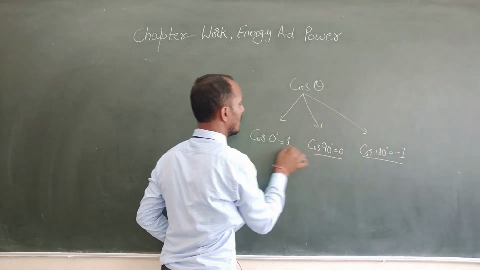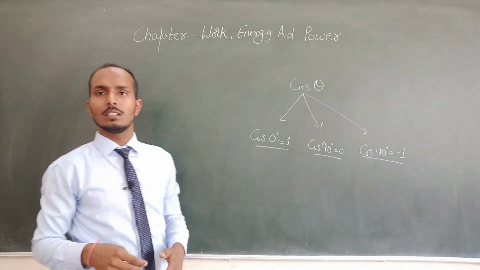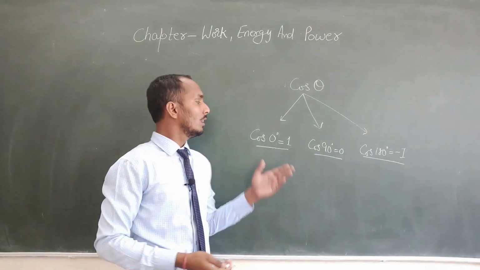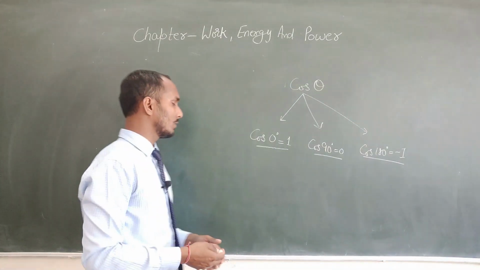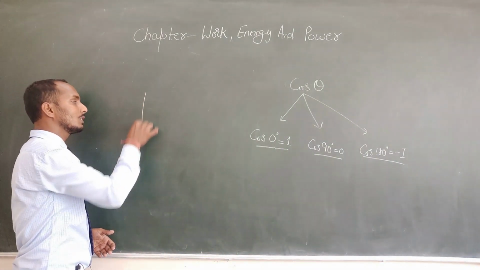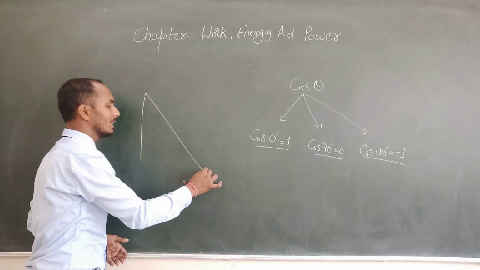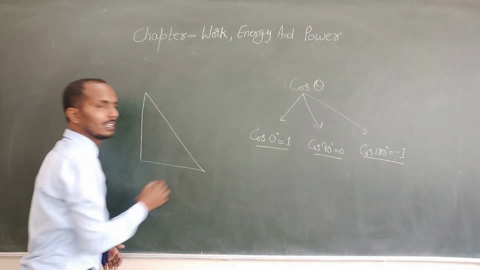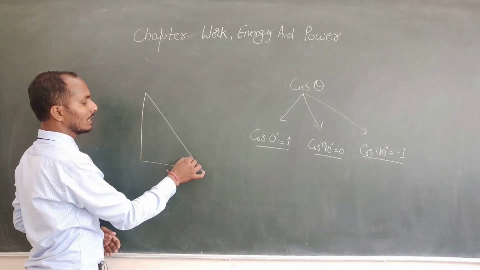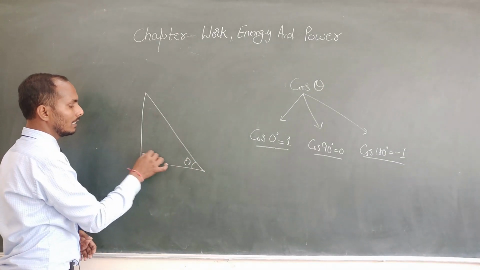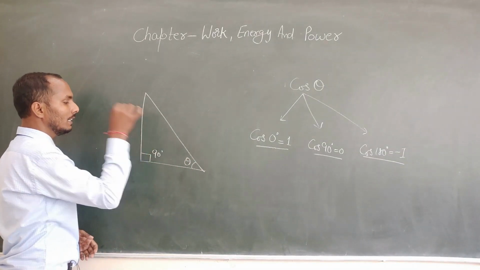If you don't know the term cos, it is very important that you understand it. Suppose there is a right angle triangle, this is angle theta and this is the 90 degree angle.